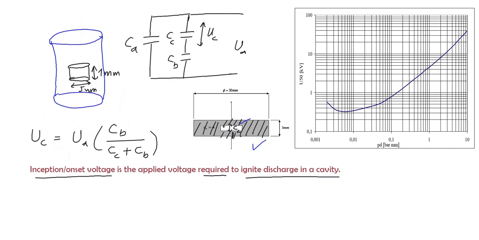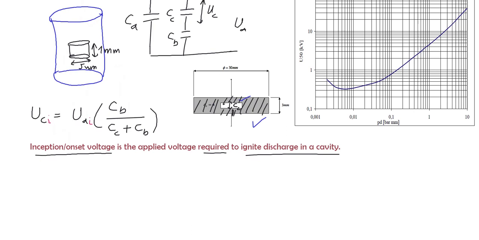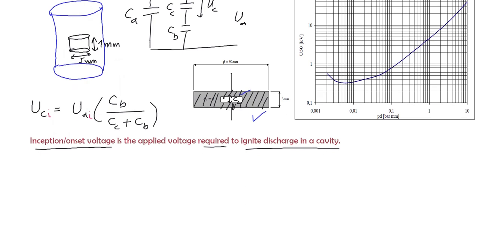Which means if our cavity breaks down at a voltage UCI, then the applied voltage UAI is the inception voltage, which we are required to find. So if we rearrange this equation, UAI will be equal to UCI multiplied by (CC plus CB) divided by CB.